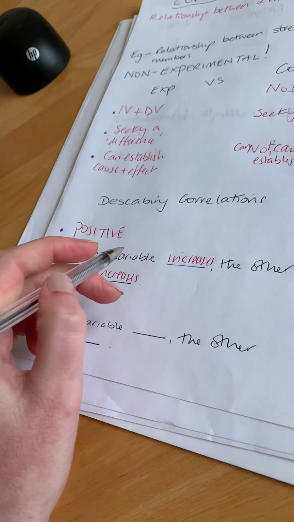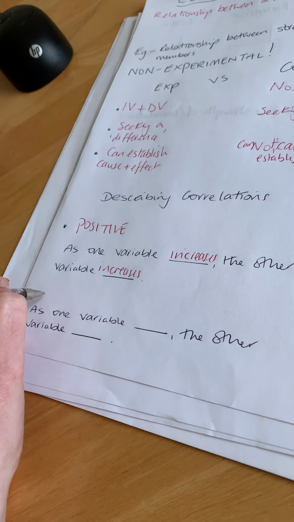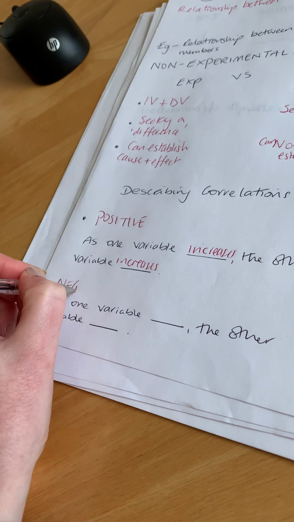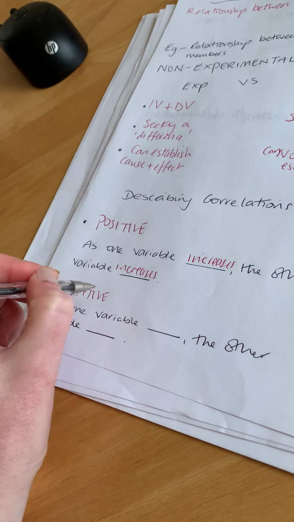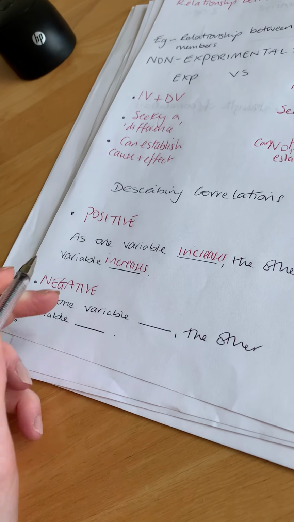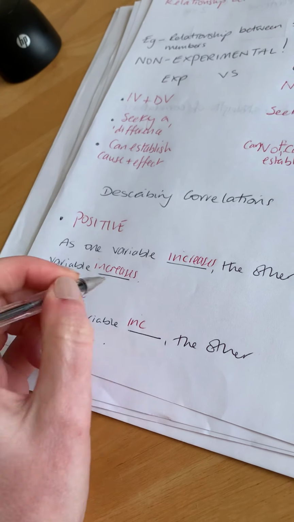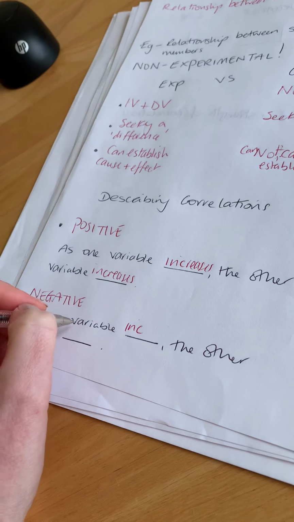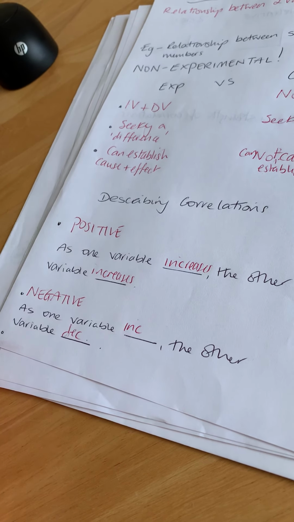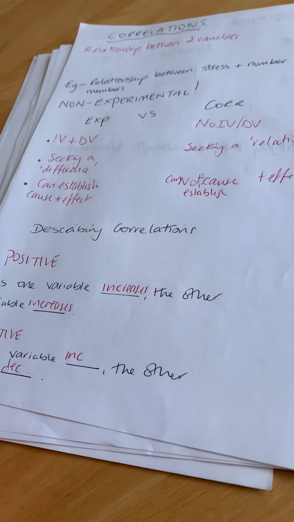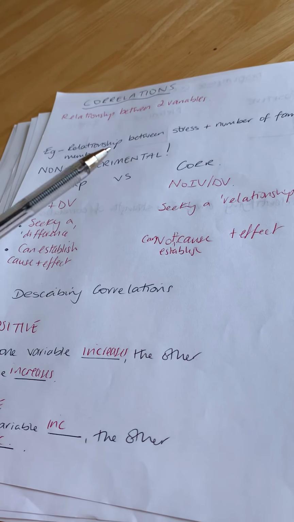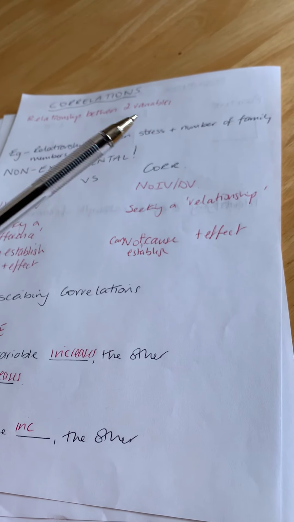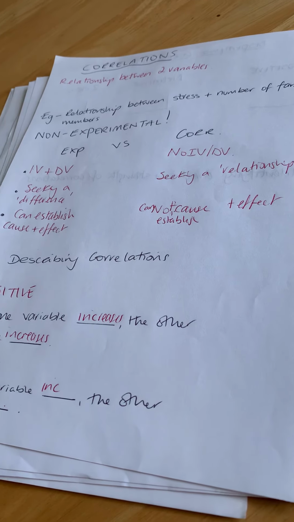The next type of correlation that we could have is a negative one. And in a negative correlation, as one variable increases, the other variable decreases. That would be a negative correlation. The higher the stress score, the fewer family members there are.